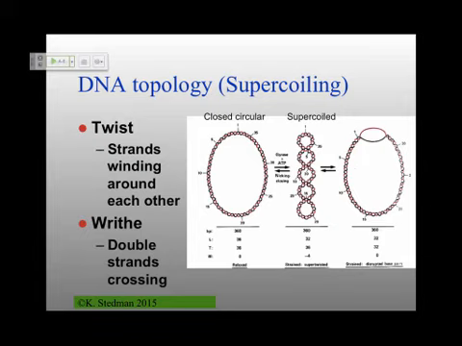But at the same time, the negative supercoiling, I haven't talked about positive and negative yet, that's a change in that linking number that I talked about. So here in the middle, we have a linking number of 32 because we have changed this by 4. It's a lot easier to think about here.